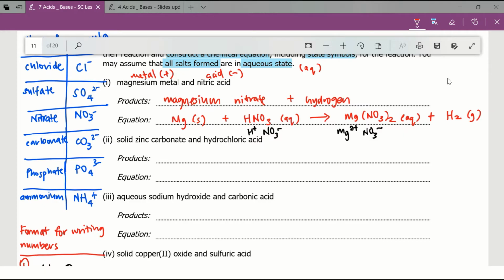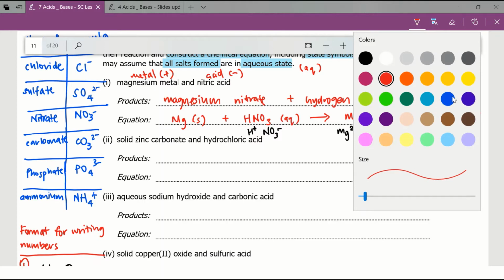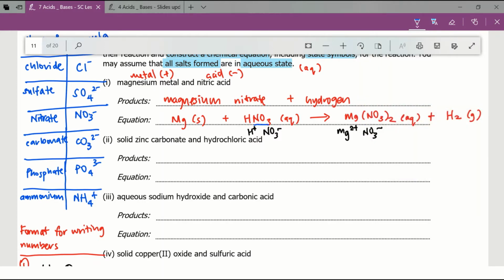So let's balance our equation. Looking across, the common molecular ion over here is nitrate ion. I have two nitrate ions in magnesium nitrate, and there's only one nitrate ion in nitric acid. So I can balance it by writing a coefficient 2 in front of HNO3. Then let's check our elements.